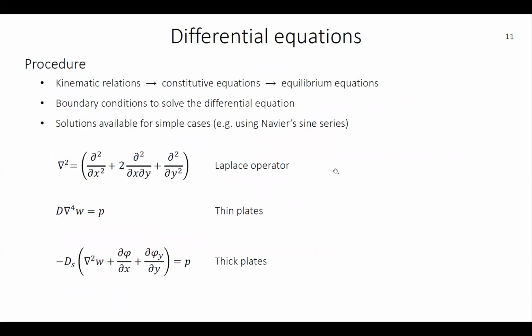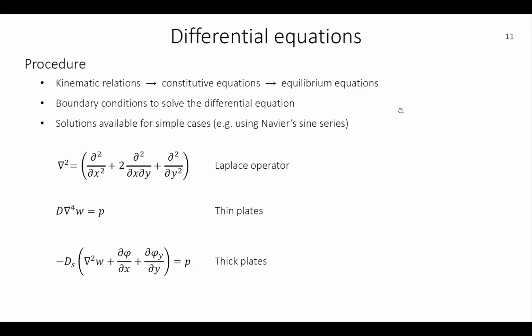Okay, so then finally we assemble the differential equations using these different steps. So we start with the kinematic relations, over to the constitutive relations, and finally to the equilibrium equations. So this is, I would say, the classical way of solving the plate equation.